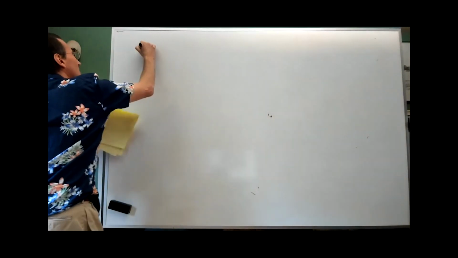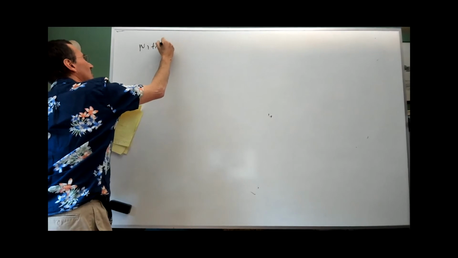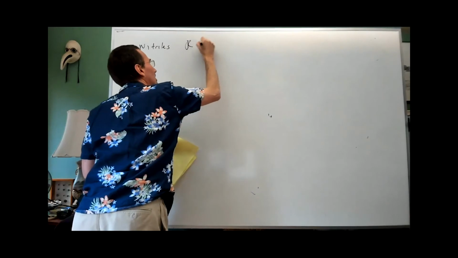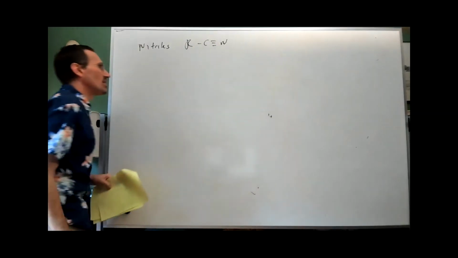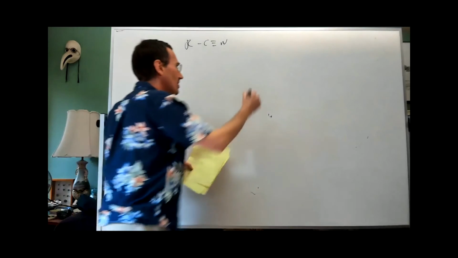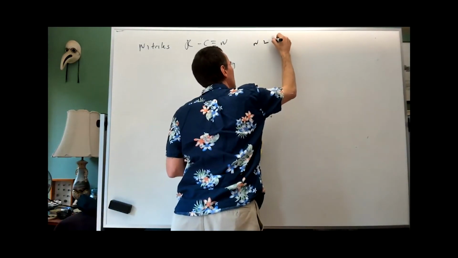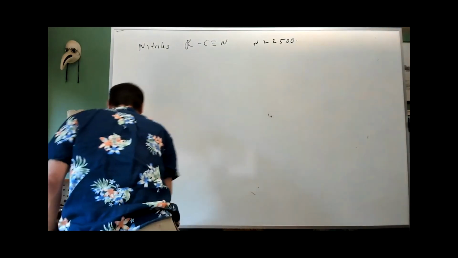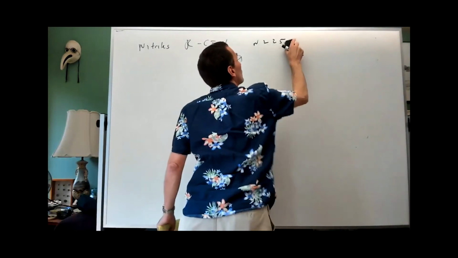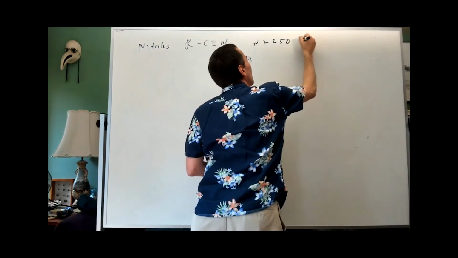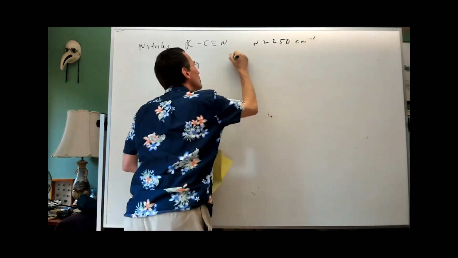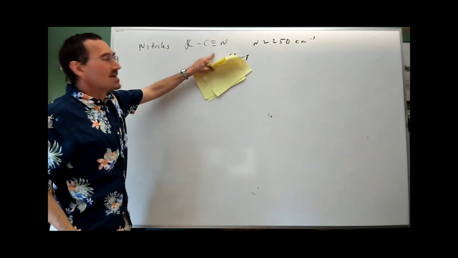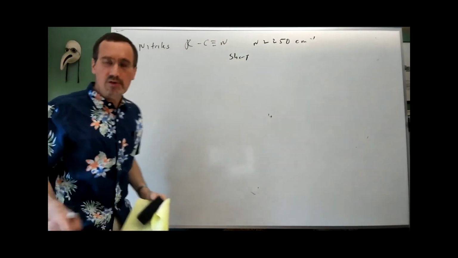All right, nitriles, since we're talking about all sorts of nitrogen-containing compounds, nitriles are carbon triple bond nitrogen, another common functional group. The CN stretch is about 2250 wave numbers. Sharp. And it's always surprising to me that it's not super strong.